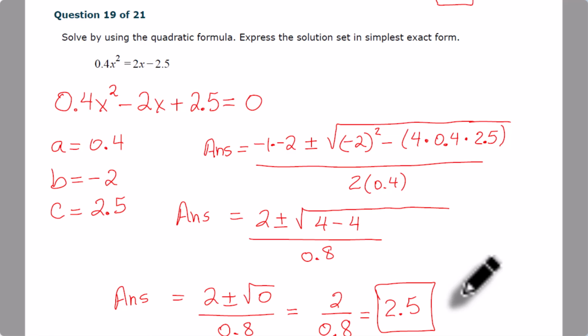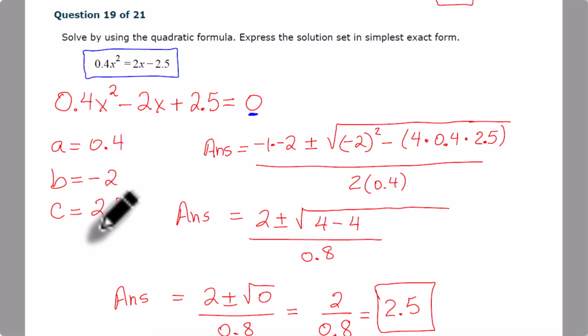But the important thing to realize here in this problem is it's not equal to 0. I need to move all of this junk to the left to make it equal to 0. Once I do that, I can get A, B, and C.